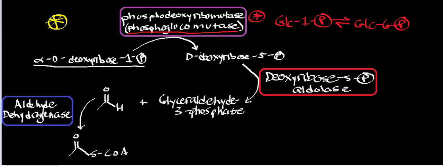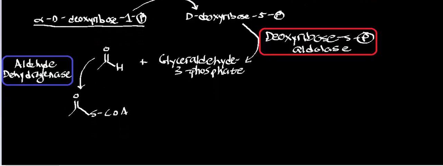Once we generate deoxyribose 5-phosphate, we're going to react that with an enzyme called deoxyribose 5-phosphate aldolase. We'll look at the mechanism of that in a separate video, and that's going to give us two products. Number one, glyceraldehyde 3-phosphate, which is 3 carbons. And then we're also going to get acetaldehyde, which is 2 carbons.